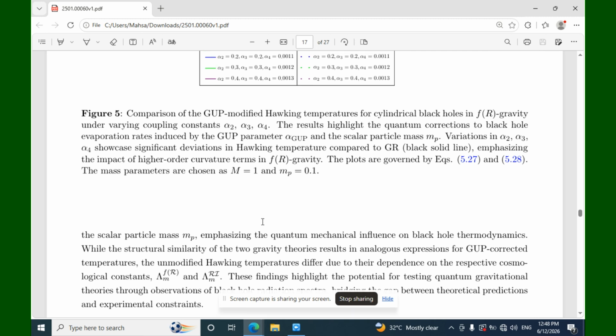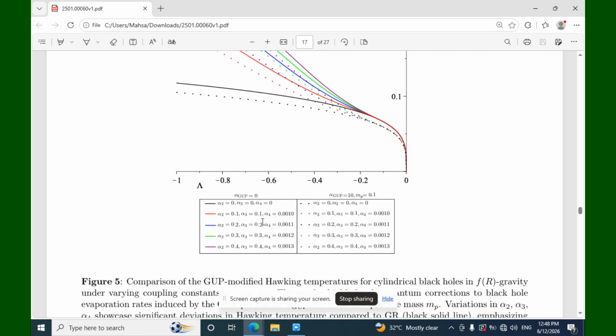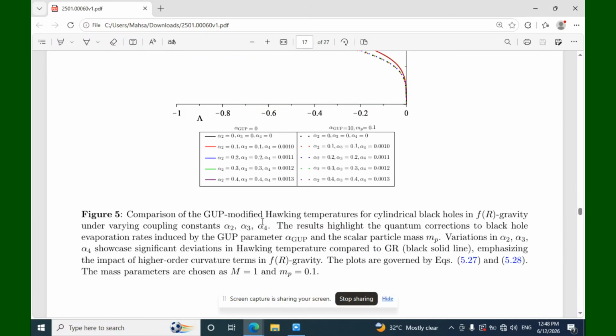Figure 5 illustrates a comparison of the generalized uncertainty principle modified Hawking temperature for cylindrical black holes in FR gravity under the varying coupling constants alpha 2, alpha 3, alpha 4. The results highlight the quantum corrections to black hole evaporation rates induced by the generalized uncertainty parameter alpha GUP and the scalar parameter MP.